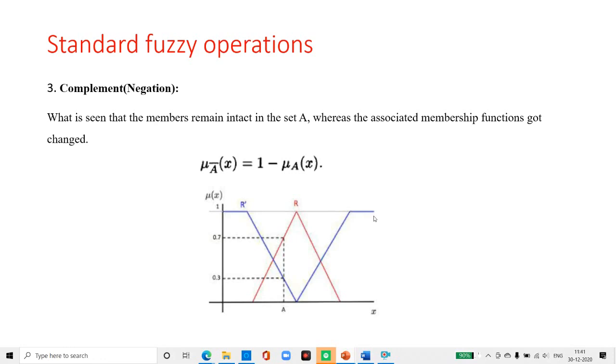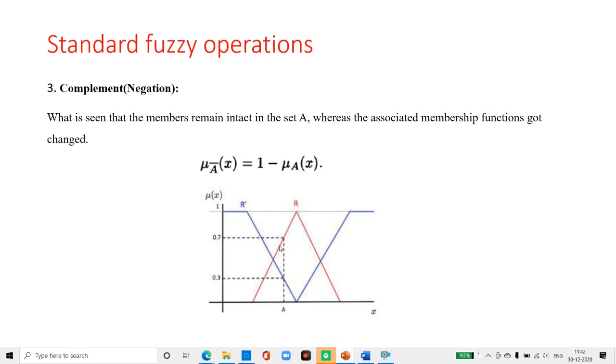So the complement is just an inverse. R is our set, and the complement for R is R dash. This is the inverse of the red line.